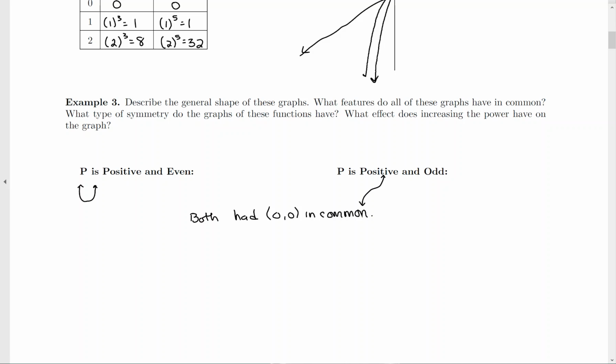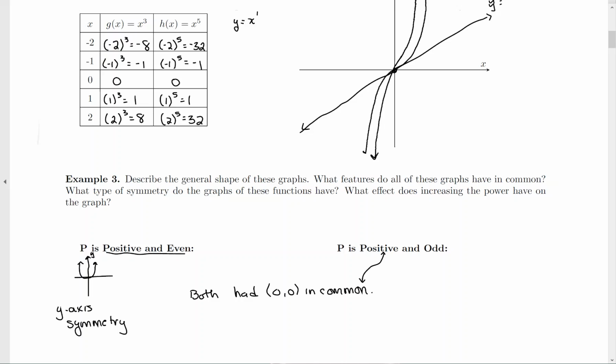What type of symmetry do these graphs have? Well, let's go back to our even power. All right, just kind of, again, a rough sketch of it. There's our y-axis. Our graph here folded over the y-axis, so if it's an even power, like we saw on the previous page, we have y-axis symmetry. If you fold it over the y-axis, it'll land on itself.